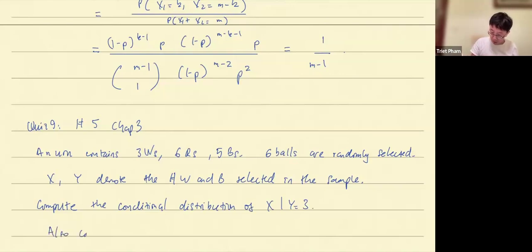Also compute the expectation of X given Y equals 1. So this is like a hypergeometric, but you're conditioning on the number of subtypes in the sample you select.